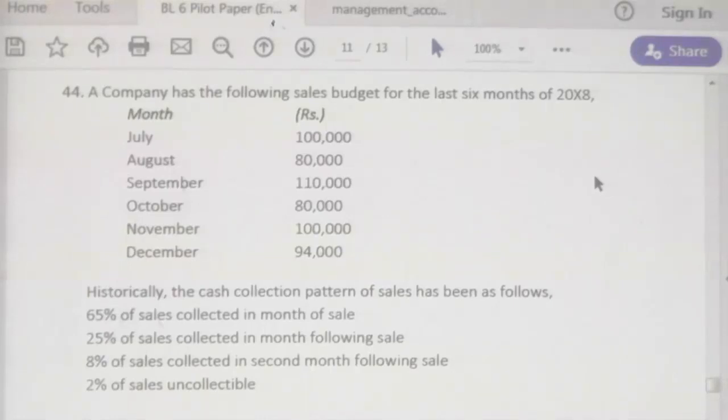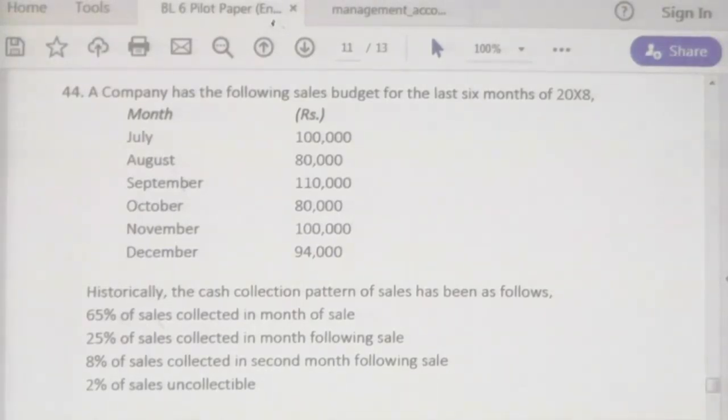Question 44. A company has the following sales budget for the last 6 months. Right. Now, they have explained how this sales value will be collected. 65% in the same month, 25% in the following month, 8% in the second month, 2% uncollectible.